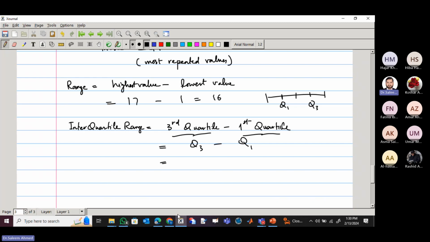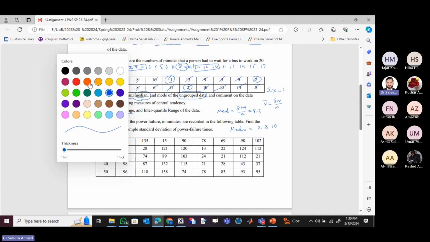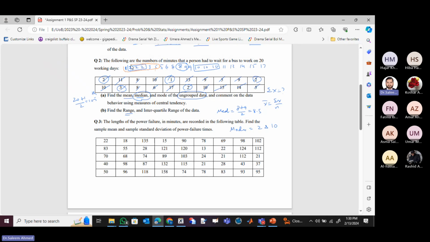So first I will arrange the 4 parts. There are 20 values, so 5 values each. These 5 values give me the first portion.